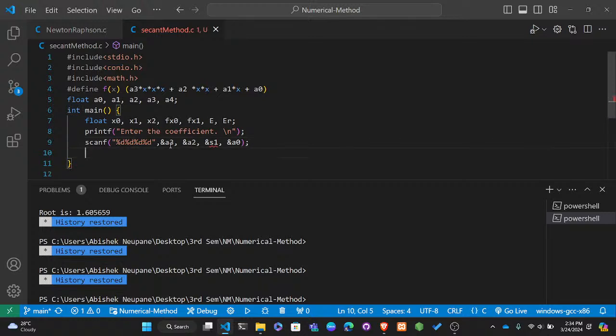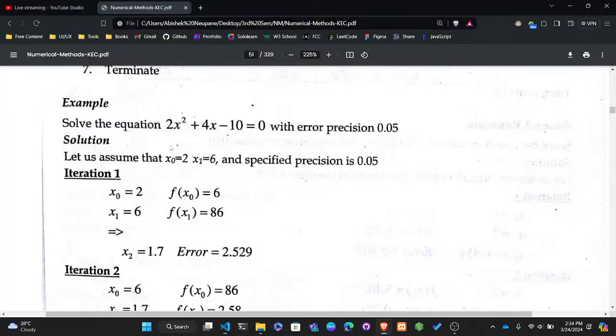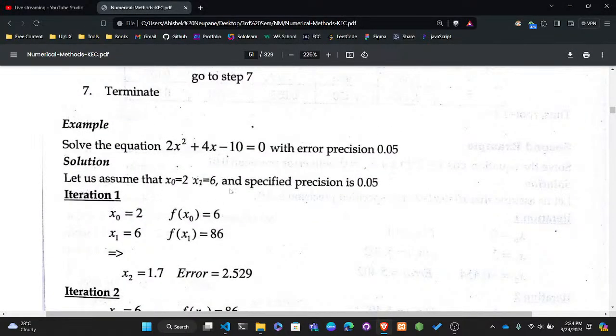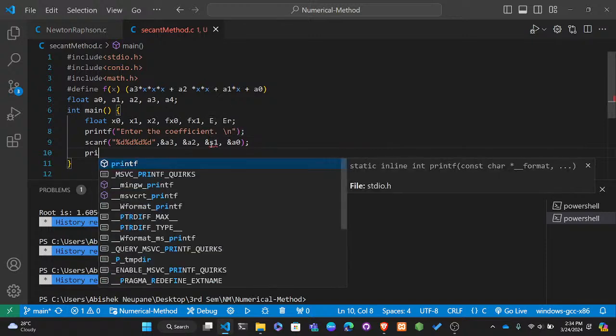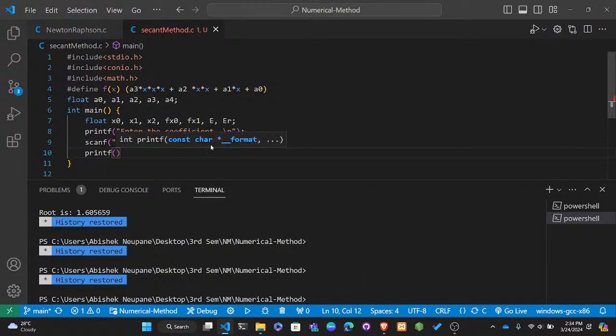The user will input the coefficients, and let's also ask for the first two initial guesses. The user should guess these two initial guesses by themselves. So let's ask for that: printf "enter the two initial guesses".